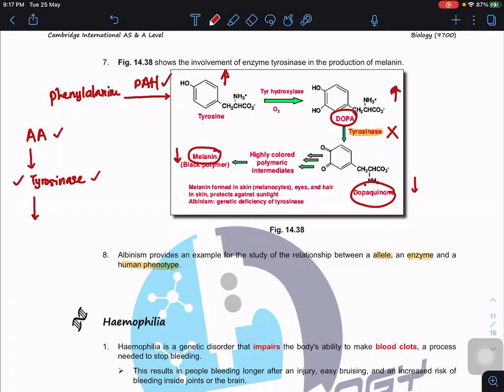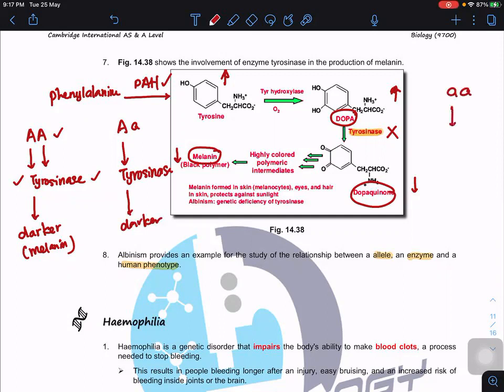So what is the phenotype? Darker, because of the melanin production. Same goes for big A, small a, heterozygous. Both alleles, the big A allele, can code for tyrosinase, but with one copy, we still have sufficient tyrosinase. Therefore, you can see darker skin. But an individual with small a alleles, small a small a, won't have the tyrosinase.